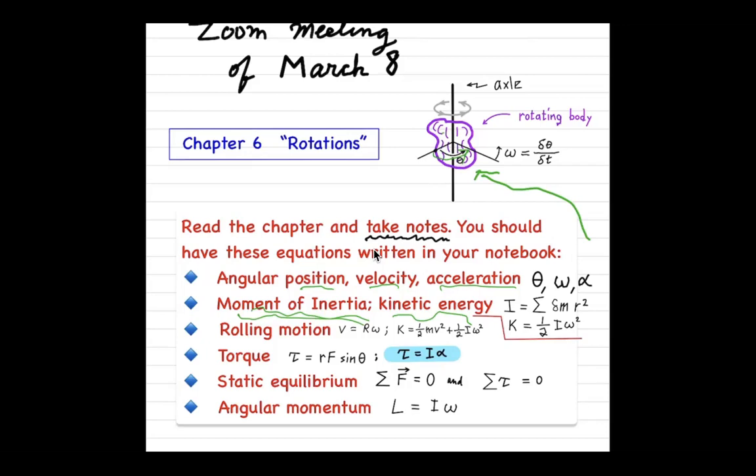So the angular acceleration is r times the acceleration. The torque is r times the force, only it's a little more complicated. It's really r times the force times the sine of the angle between the r vector, the vector from the axle to the position where the force acts, and the F vector.